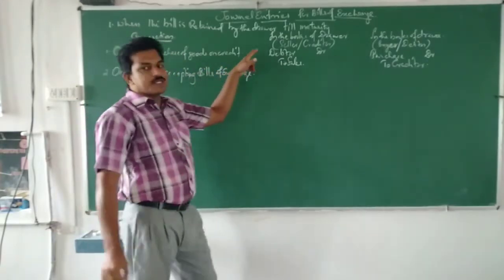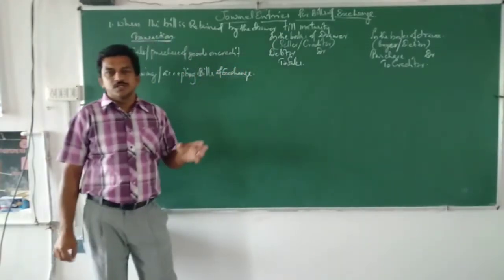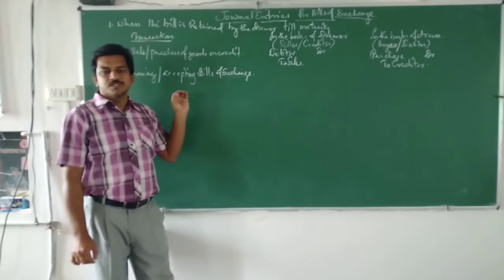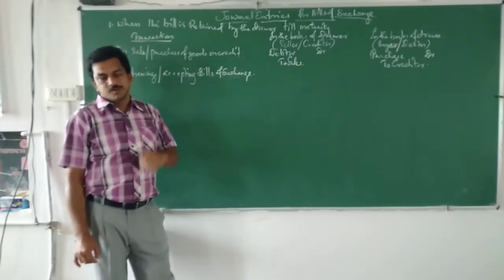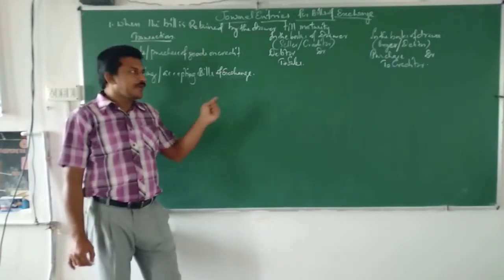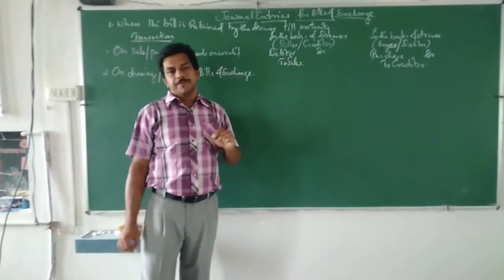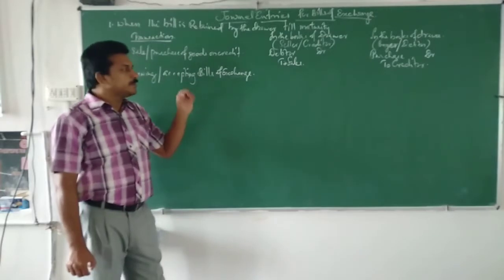So we have told that for 10,000 rupees it is sold. For that 10,000 rupees, who has made a bill? Drawer made a bill. And that will be accepted by whom? Drawing. So what will be the journal entry?